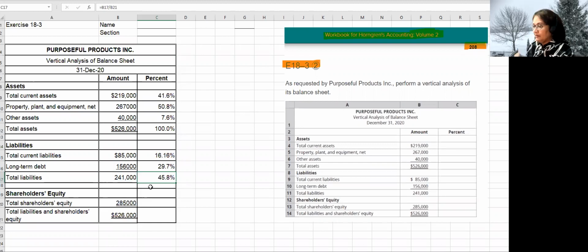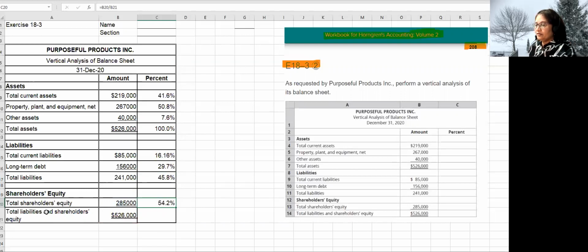So remember not to divide the total liabilities by total liabilities itself and make it 100 percent. Now we do the total shareholders' equity, same steps. That means 285,000 divided by 526,000, giving us 54.2 percent.